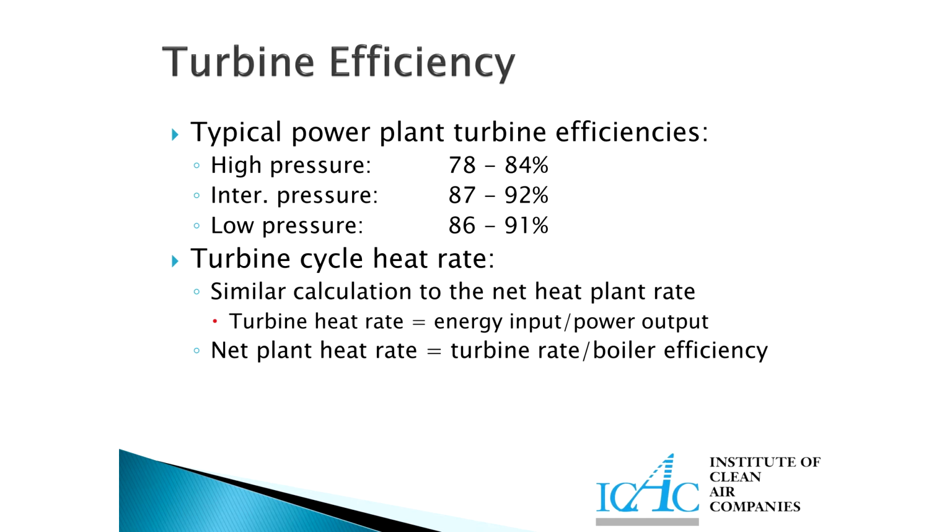Similar calculation: turbine heat rate is energy input over the power output, and the net plant heat rate is really just the turbine rate divided by the boiler efficiency. So what items impact the turbine efficiency beyond the steam temperatures and pressures I talked about?